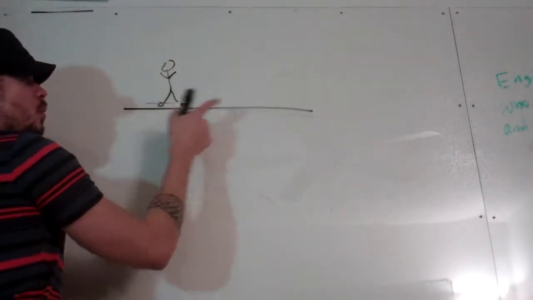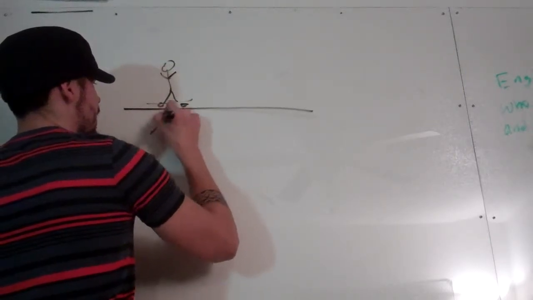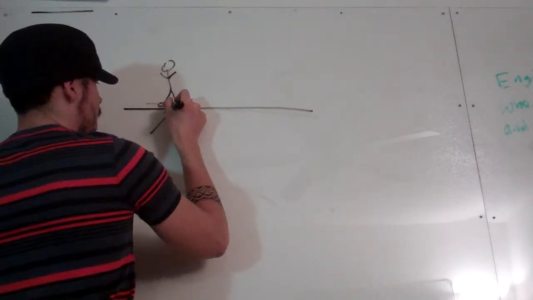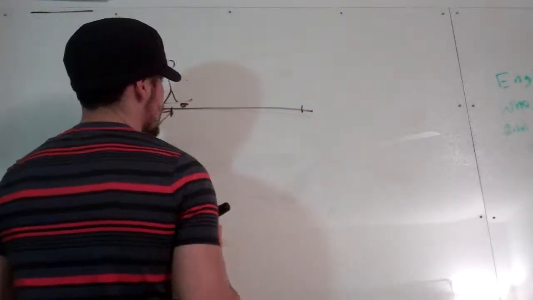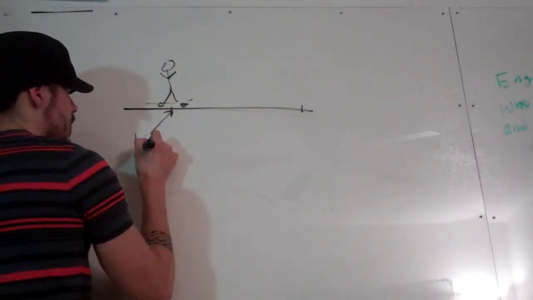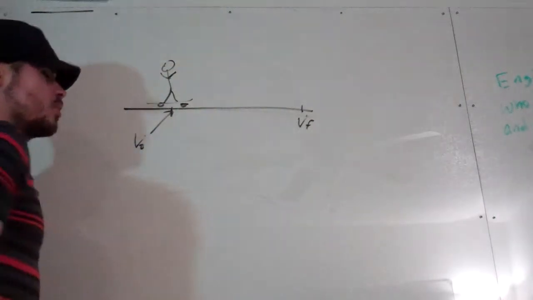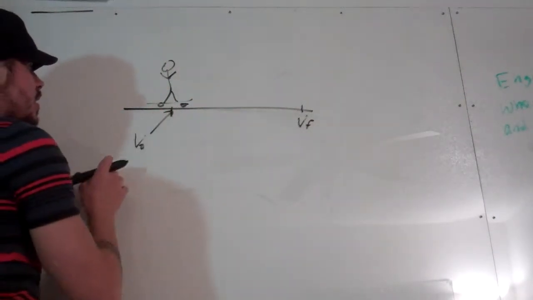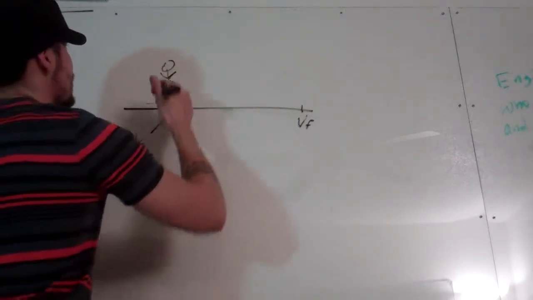He goes from one point to another, and we take into account this point right here, which is our initial point of our system, and this point here. So this is the initial velocity, and here's our final velocity. He starts skateboarding, he starts pedaling, and then he stops right here. But at this point, he's going some velocity.